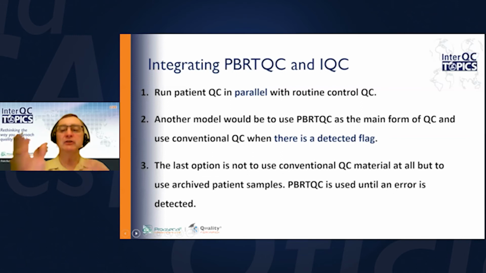So you use previous samples from when you were in control as your troubleshooting process, rather than synthetic samples, synthetic QC. The problem with conventional synthetic quality control material is it might be non-commutable. So you might be troubleshooting a problem that is in the material and not in the assay. That's why eventually I believe that we'll end up with option 3 for many assays.